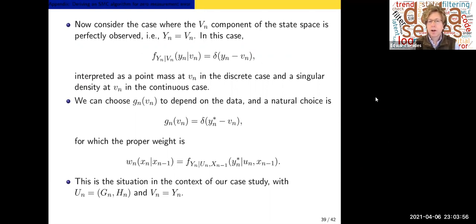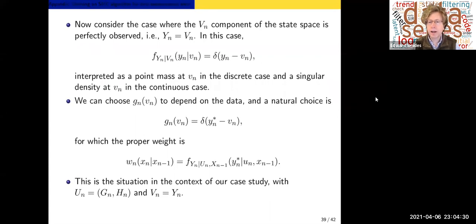And it makes sense to choose g_n. g_n's allowed to depend on the data, right? When you have a proposal distribution, it's allowed to depend on the data. And we can use g_n to exactly make this cancel out nicely. So g_n is going to put a mass on v_n being equal to the data y_n star.